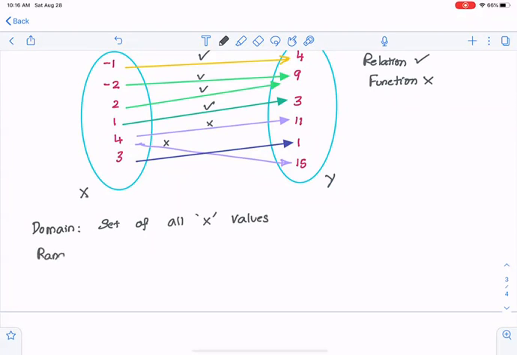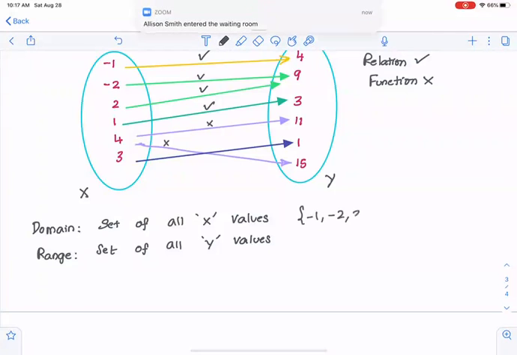The range is the set of all y values. So we have the domain and we have the range. So if I write the set out, I have -1, -2, 2, 1, 4, 3.